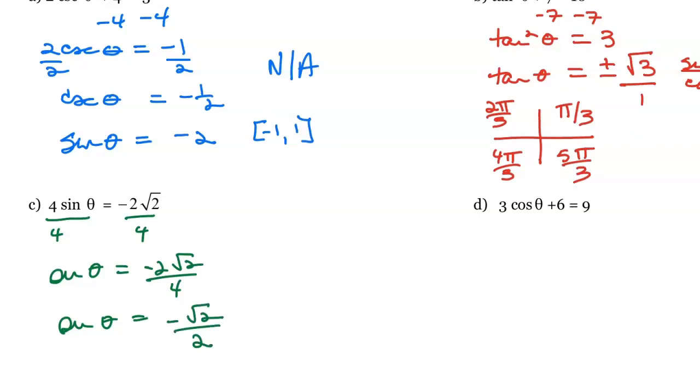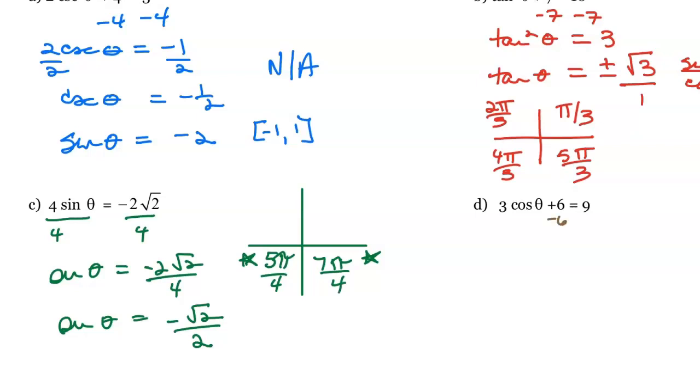Okay, you should recognize that as being your favorite angle. It's my favorite angle. And your reference angle is pi/4, but you need sine to be negative, and sine is negative here and here. So our two angles are going to be 5 pi/4 and 7 pi/4. Okay, moving on to D.